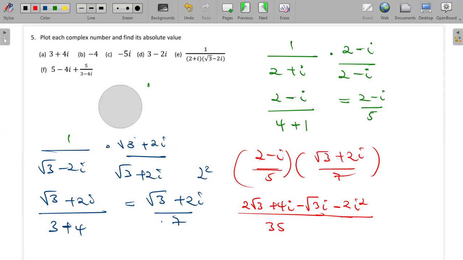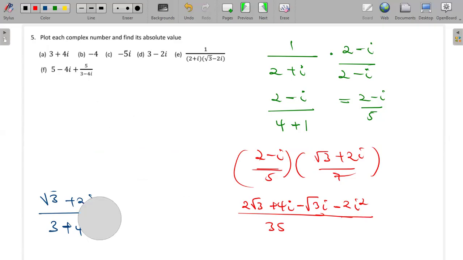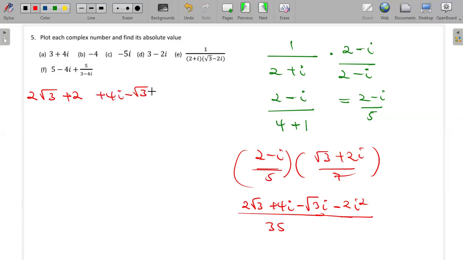Okay, so from here, you see this negative 2i squared, this i squared is going to be -1, multiplied by the negative gives us a positive. So that would be a positive 2. So you have 2 root 3 plus 2, then on the other side you have plus 4i minus root 3 i over 35.